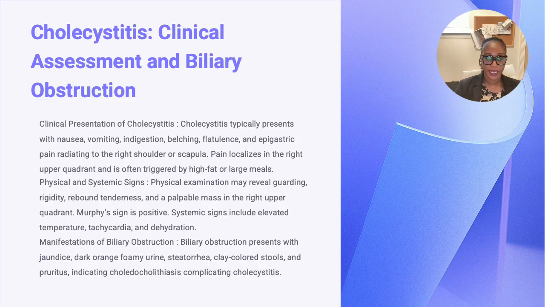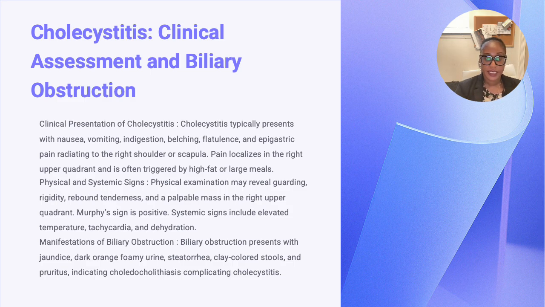And on our slide, just a little more information, same thing as I noted. Clinical presentation of cholecystitis typically present with nausea, as I mentioned, vomiting, indigestion, belching, flatulence, epigastric pain, radiation to the right shoulder or scapula. The pain is localized in the right upper quadrant and is often triggered by high fat or large meals. Physical and systemic signs on physical examination may reveal guarding of the area, rigidity to the area, rebound tenderness at the area, and a palpable mass in the right upper quadrant.